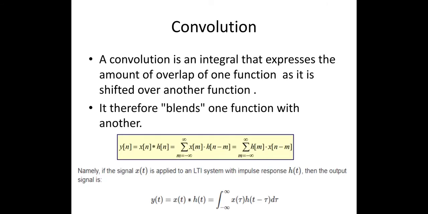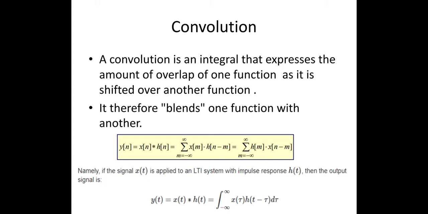As you know, convolution is an integral that expresses the amount of overlap of one function as it is shifted over another function. Therefore, it blends one function with another. This is a very popular equation where we are convolving x of n and h of n. If it is discrete, then summation m equal to minus infinity to plus infinity x of m multiplied by h of n minus m, or h of m multiplied by x of n minus m.